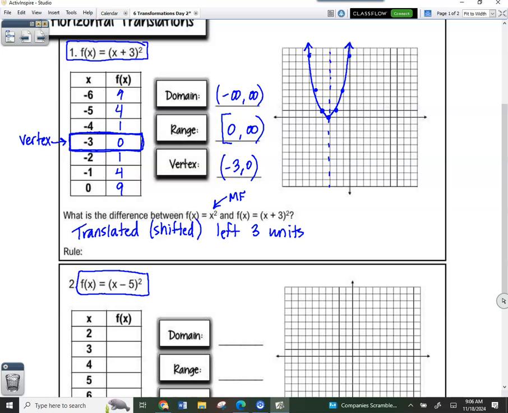But this one's not at the very end. Where's this number? In the parentheses. So this one went left 3. How many? You think it's going to go right 5? Put it in Desmos and see.